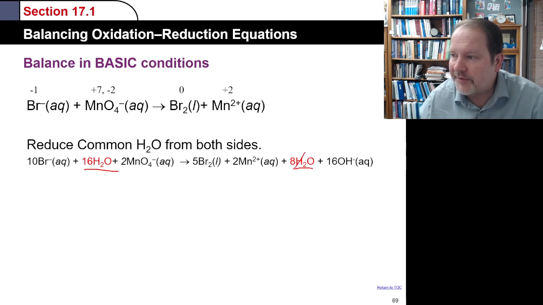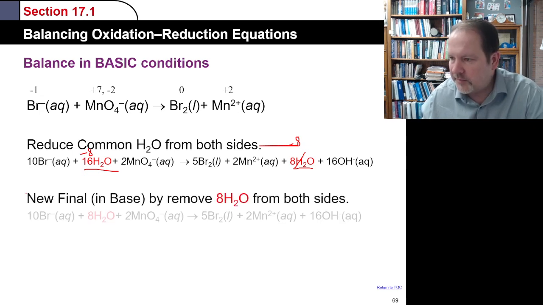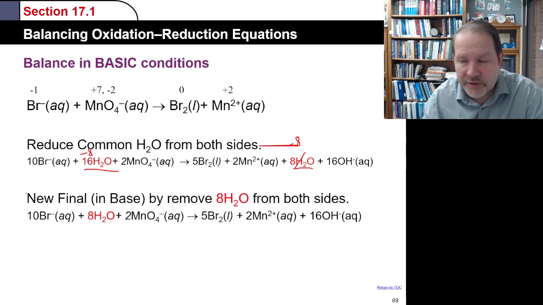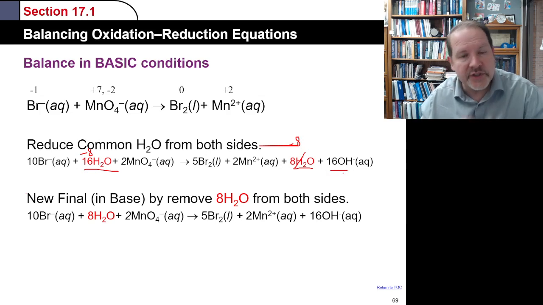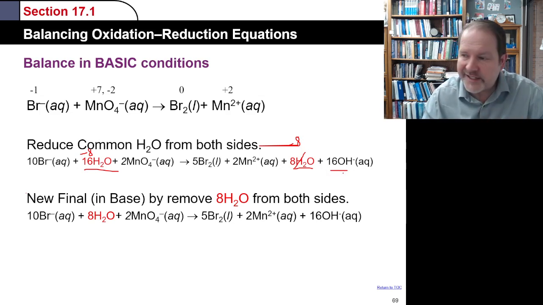So I can get rid of these 8, so I'm going to subtract 8 waters off from the reactant side to give me a new total of 8 waters on the reactant side. And so the new thing, though, is the 16 hydroxides. If you do it this way, it's pretty quick and easy, and the charges will stay balanced.